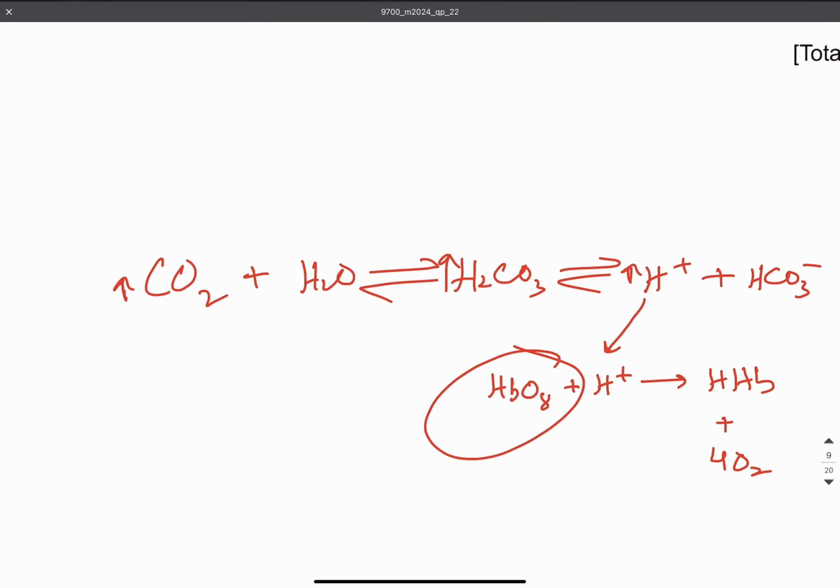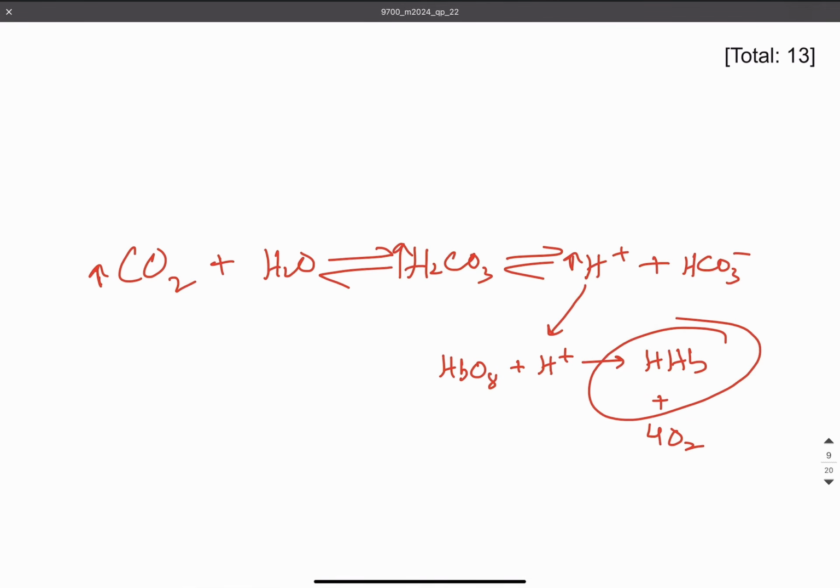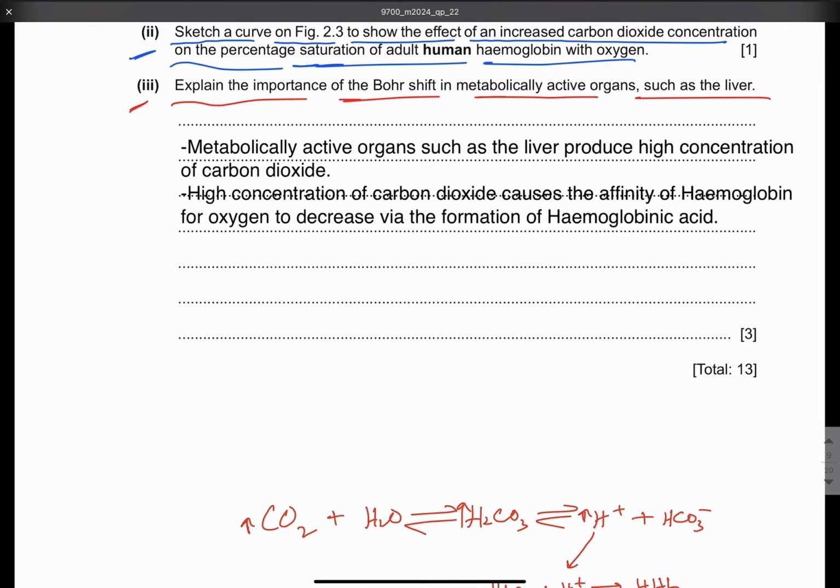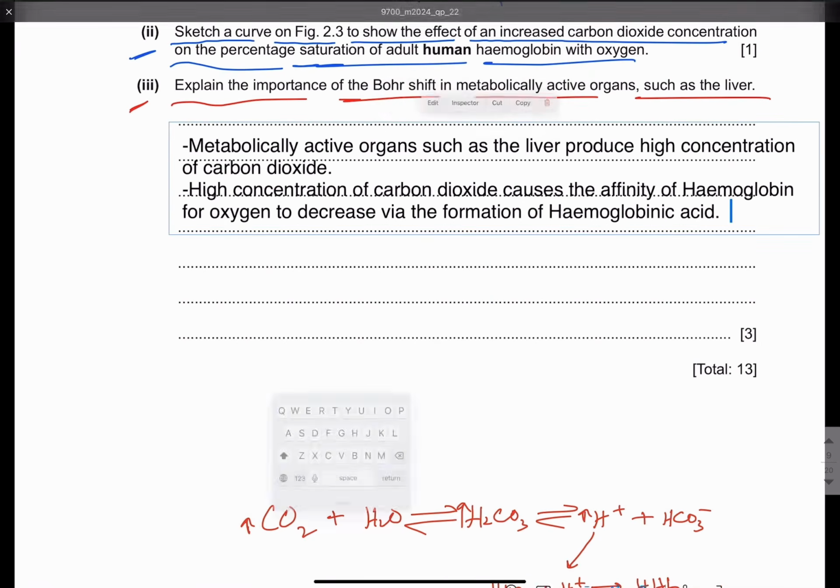So hemoglobin normally is bound to oxygen, forming oxyhemoglobin. But whenever there are large numbers of hydrogen ions, hemoglobinic acid is formed and the hemoglobin releases oxygen. So this is how the affinity of hemoglobin for oxygen decreases. High concentration of carbon dioxide causes the affinity of hemoglobin for oxygen to decrease via the formation of hemoglobinic acid.